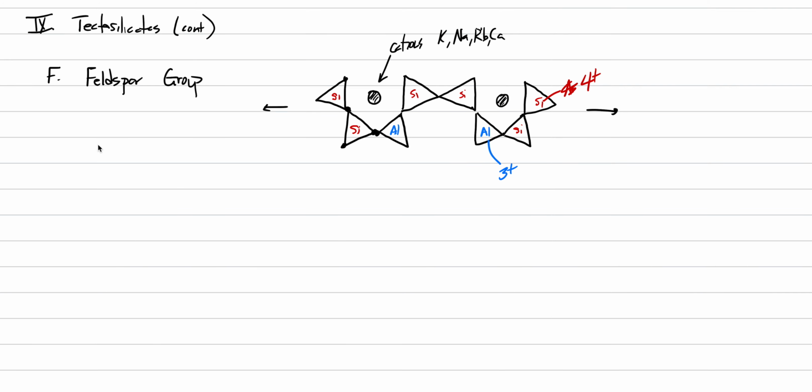What I want you to say is that aluminum 3 plus substitutes for some silicon 4 plus, causing a charge imbalance.